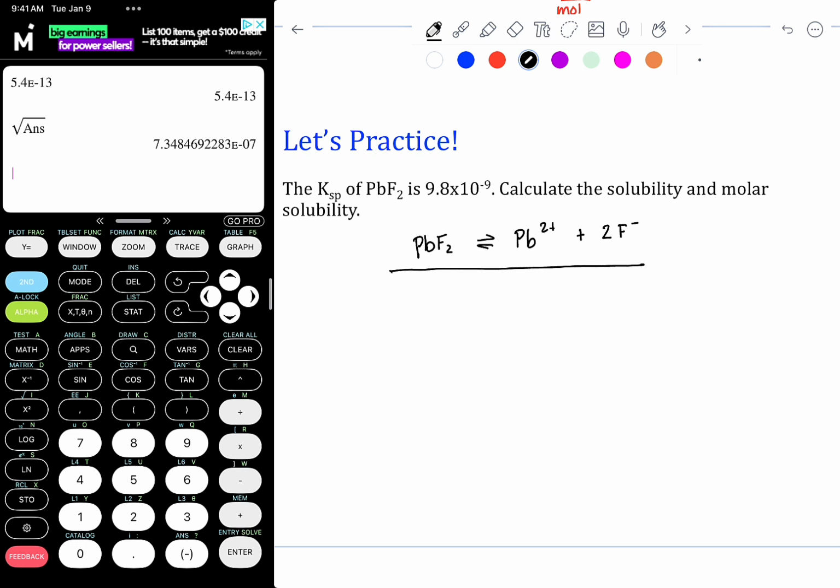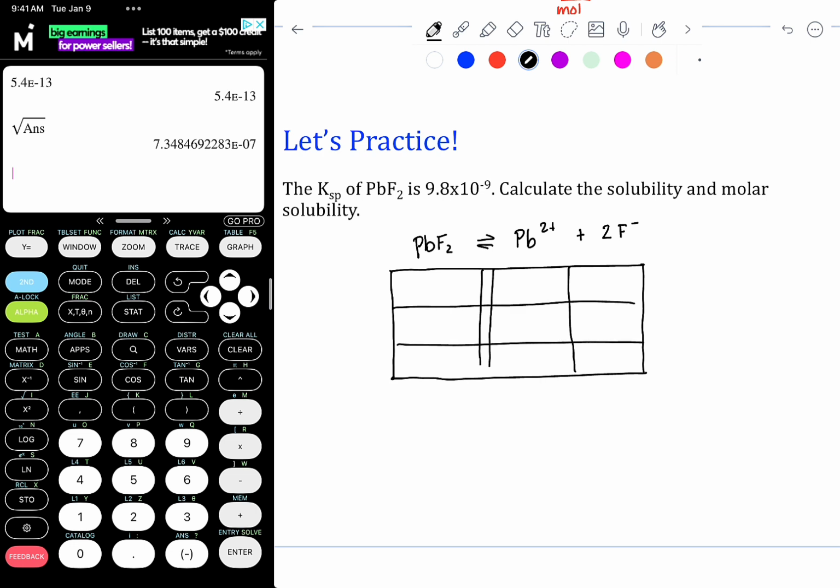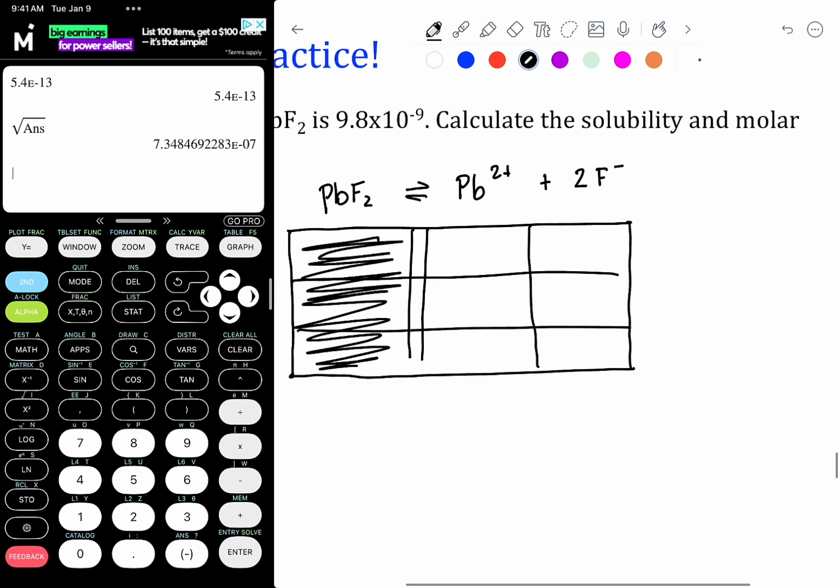We're going to set up our ICE table. We can ignore our first column because that's a solid. And we know that our initial concentrations of our ions originally in solution are 0.